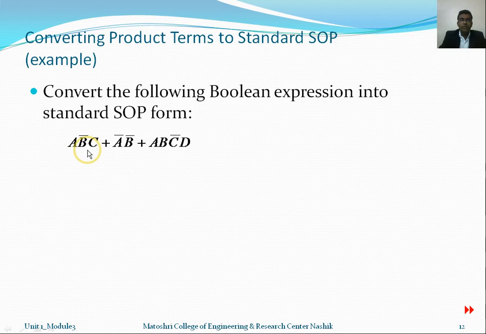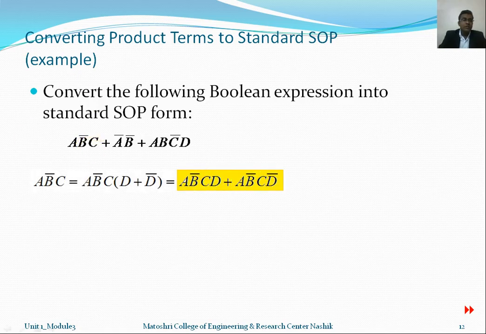And how are we converting? We AND the missing variable ORed with its complement. See here: first A, B bar, C, where D is missing, so that D is ORed with D complement, and this is ANDed with the remaining expression. So we are getting A, B bar, C, D ORed with A, B bar, C, D bar.